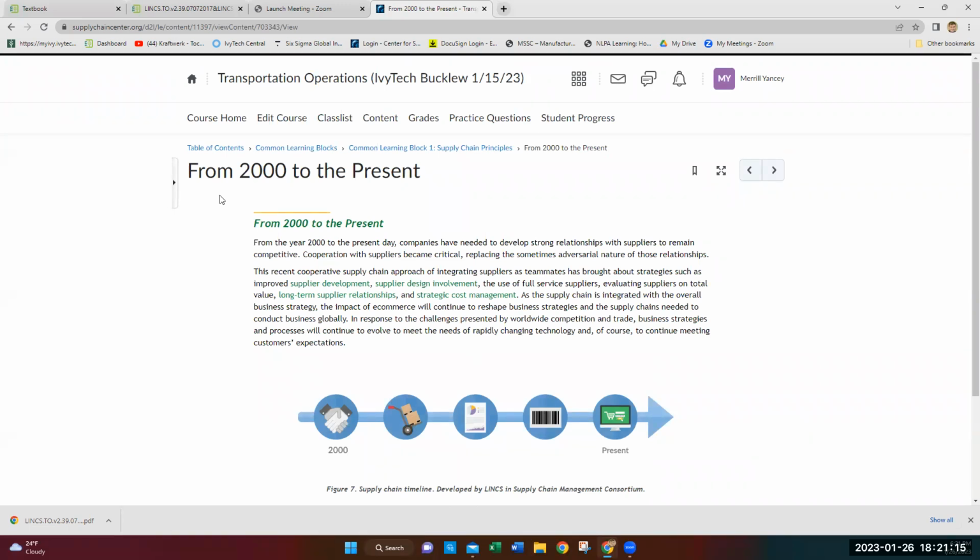So it talks a little bit about from 2000 to present. For some of you, that was maybe even the year you were born. But I can still remember December 31st, 1999, where I was, because there was this serious fear that when the year 2000 rolled over, all the computers would default back to the date that they were programmed, like 1984, 1986.